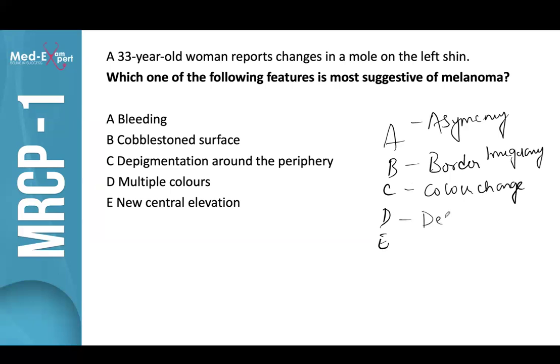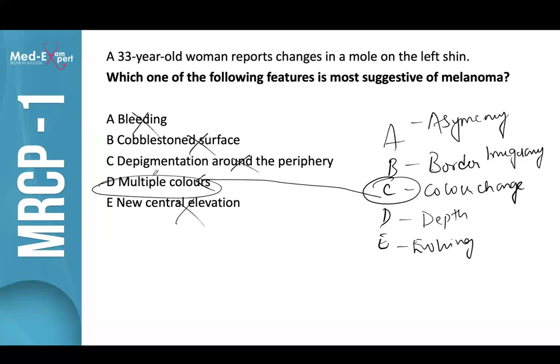D is the depth of the lesion and E is evolving. What is matching here? C, color change. Multiple colors. New central elevation? No, it will be rather a deep-going lesion. It won't centrally elevate. Not depigmentation around the periphery, rather a change in the shape of the periphery. No cobblestoning, no bleeding. The answer is multiple colors.